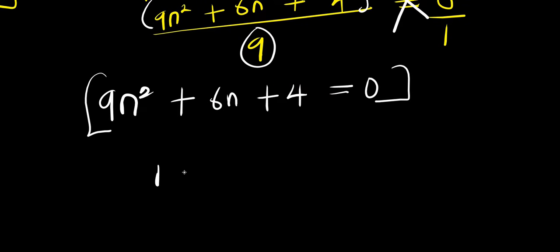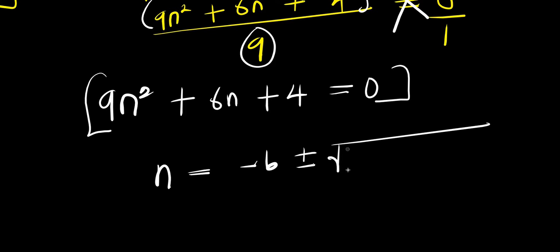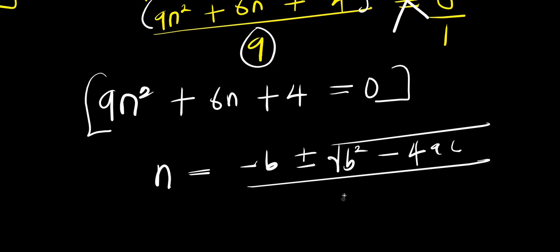We have n equals negative b plus or minus square root of b squared minus 4ac, divided by 2a. So this 9 here is the coefficient of n squared, that is our a. 6 is b, which is the coefficient of n.